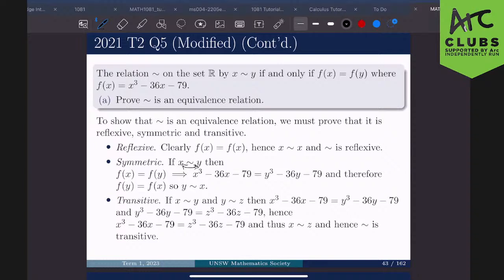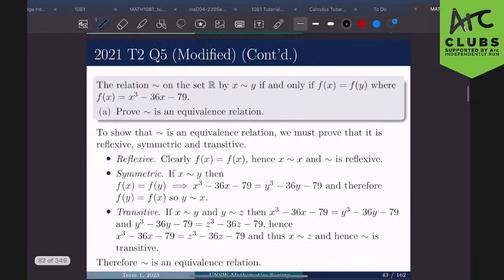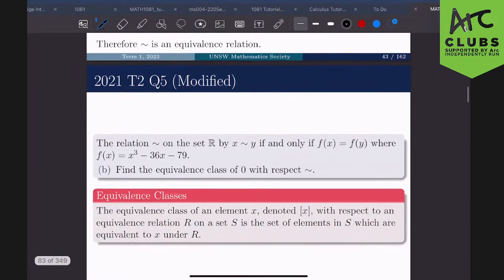And then transitive, I'm sure you can follow the logic: if this and this hold, then x will be related to z. Once again, the equals sign is an equivalence relation, so this is expected. And now that we've proved it's these three, we can say that it is an equivalence relation.